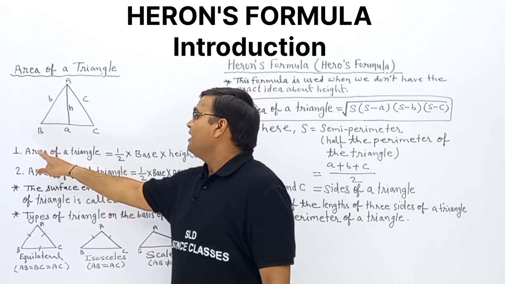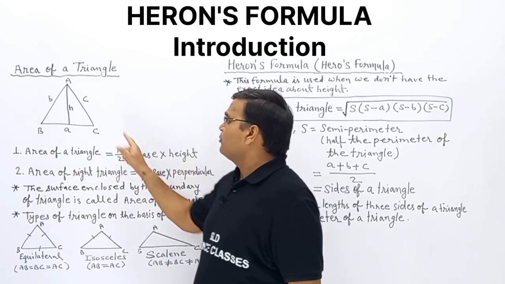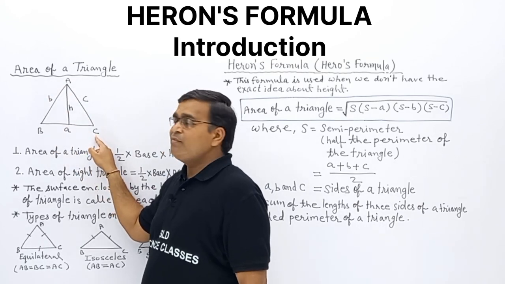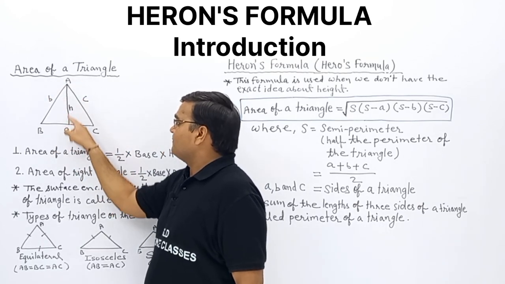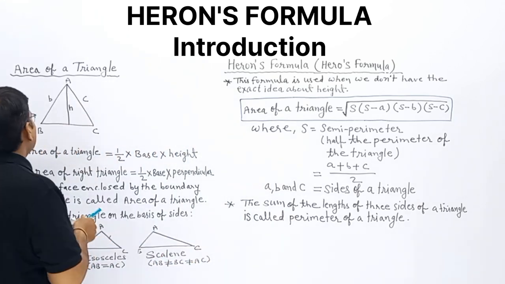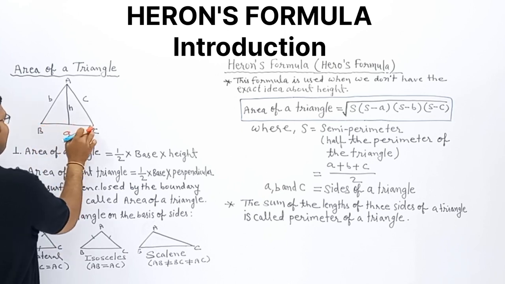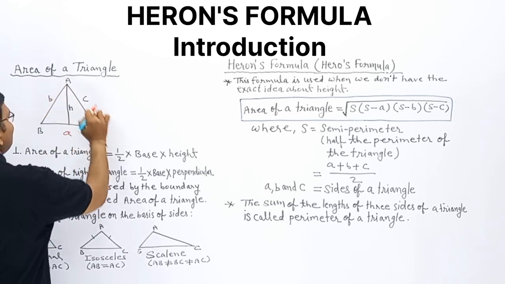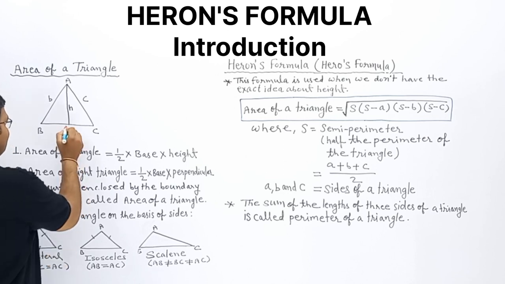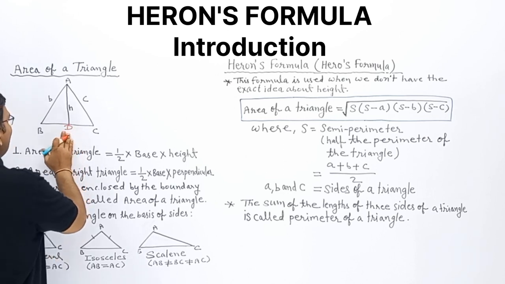For this triangle, BC is the base. The sides are named A, B and C, and I am using D for the foot of the height, so AD is the height.